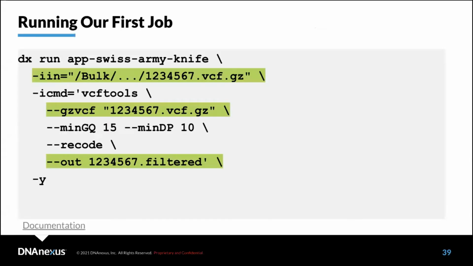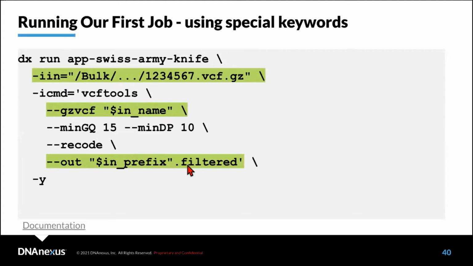So let's look at our example as we have it, but upgrade it. Here we have hard-coded our input file, which we need to show as the exact input file, but we also have hard-coded the same input file name here when specifying the gzipped VCF and also when specifying the output prefix. So what can we do about it?